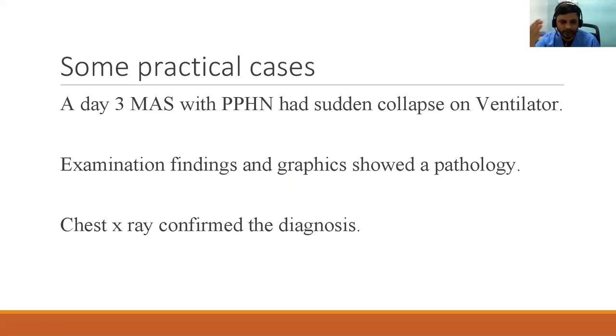So, for the benefit of the residents, whenever a baby has a sudden collapse on the ventilator, we think of something called DOPE, D-O-P-E. D is for tube displacement, O is for tube obstruction, P is for pneumothorax, and E is for equipment failure. So the first thing that we do is disconnect the baby from the ventilator, put a test lung to the ventilator, and start bagging the baby with either a Neopuff or an Ambu bag.